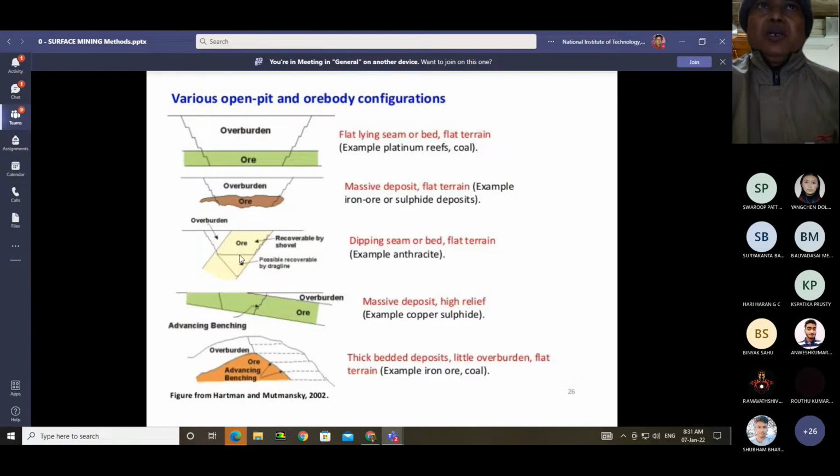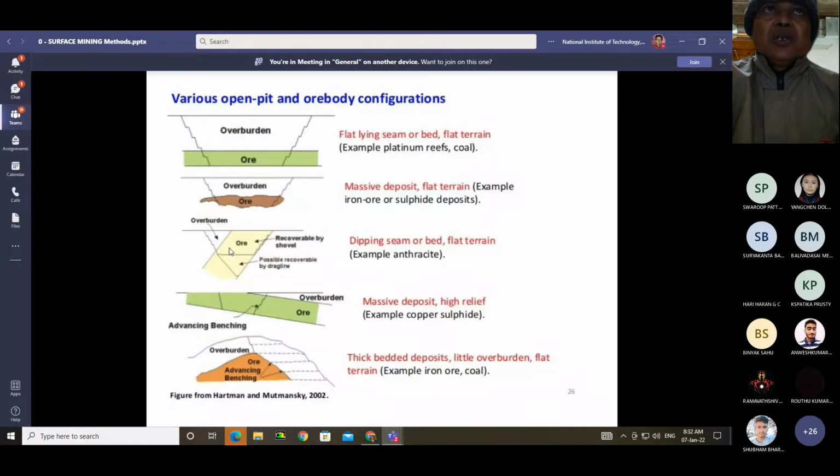And the third one is the inclined deposit, yellow color. Inclined deposit, dipping seam or bed, flat terrain. An example is anthracite. This is the ore dipping at an angle.